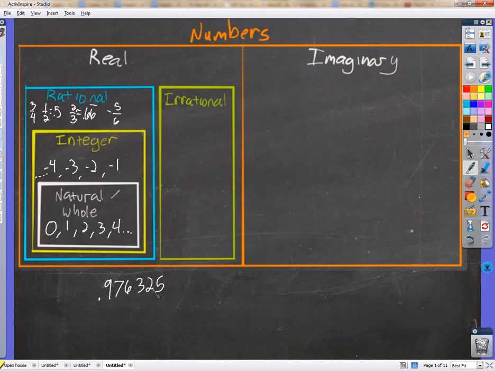Aside from saying 0.976 and so on. How would you read a number like this? How do you read that number?